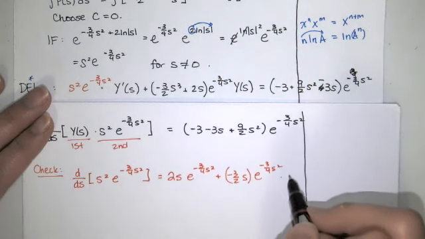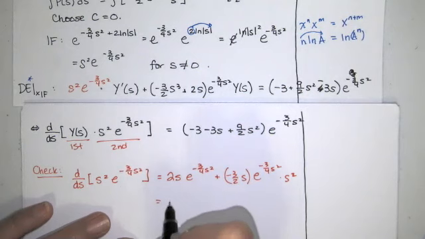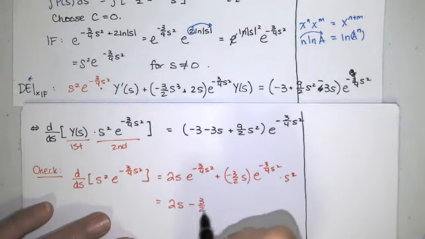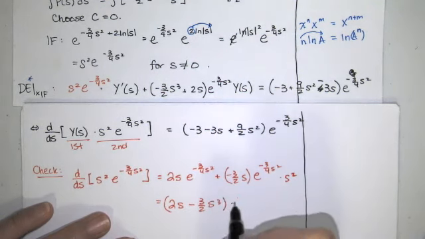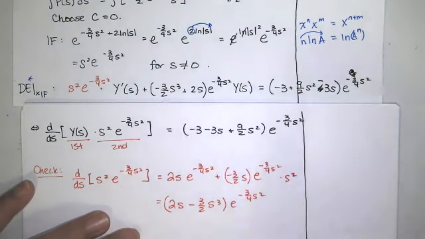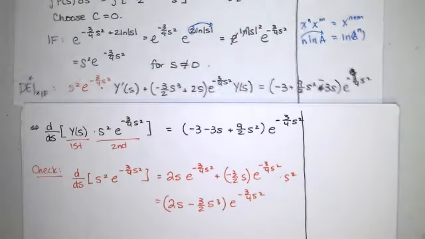That's derivative of the second. Don't forget to multiply by the first, that s squared. And when we simplify that, we end up with 2s minus 3 over 2 times s squared, which is s cubed. And we can factor out the exponential function. Is that the same as what we have there? It's in a different order, but yes, those are the same. So this checks out. This actually is equal to this.